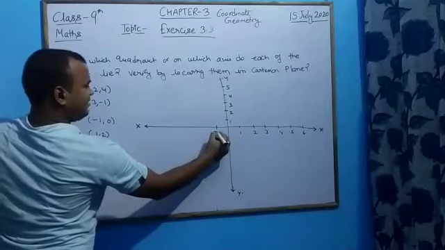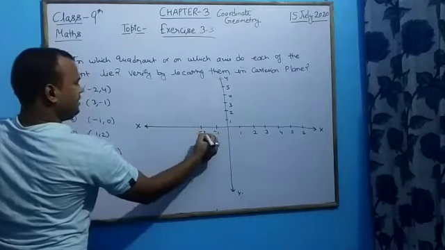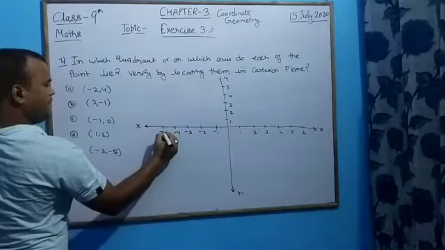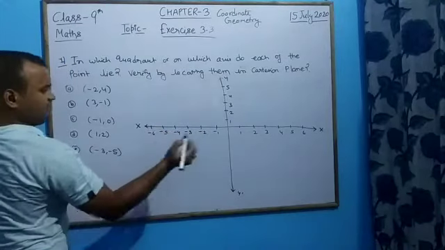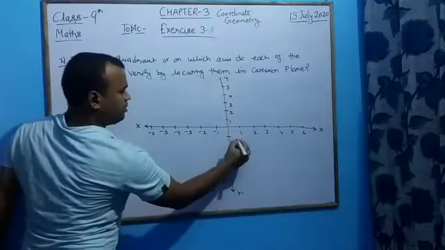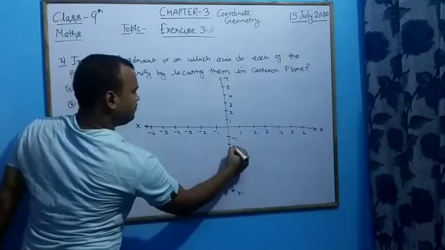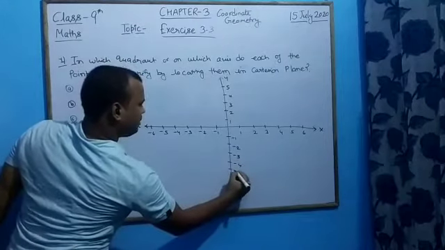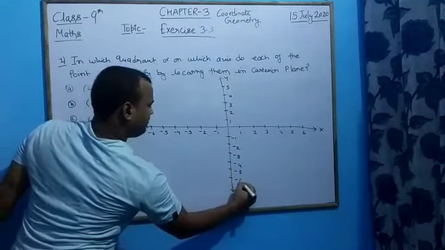This is the negative x axis, minus 1, minus 2, minus 3, minus 4, minus 5, minus 6. Again, this is the negative y axis. Plot the points minus 1, minus 2, minus 3, minus 4, minus 5, minus 6.